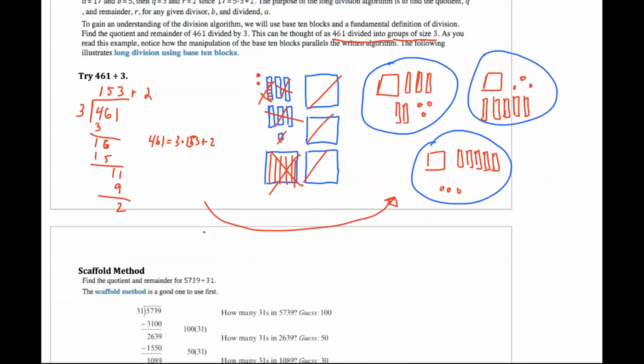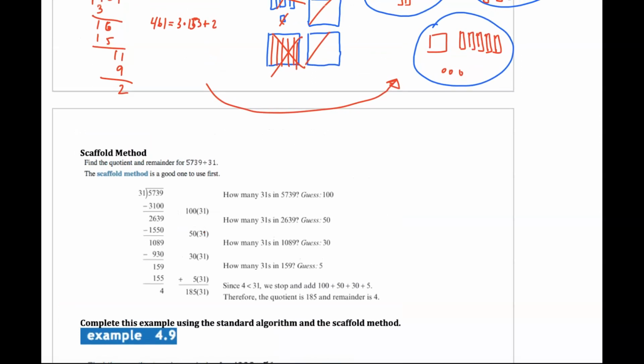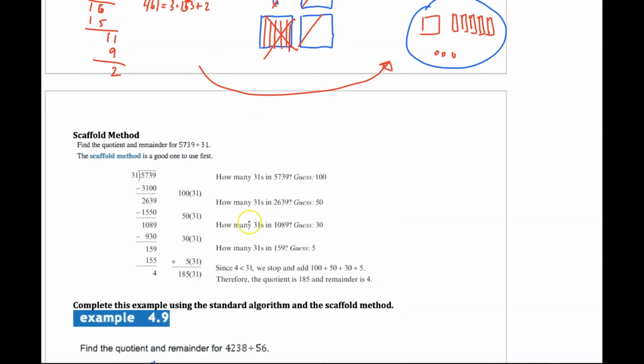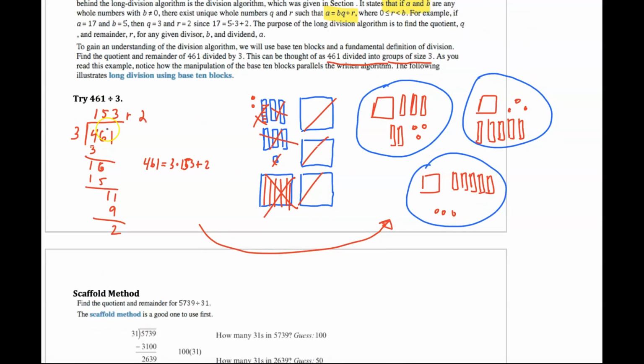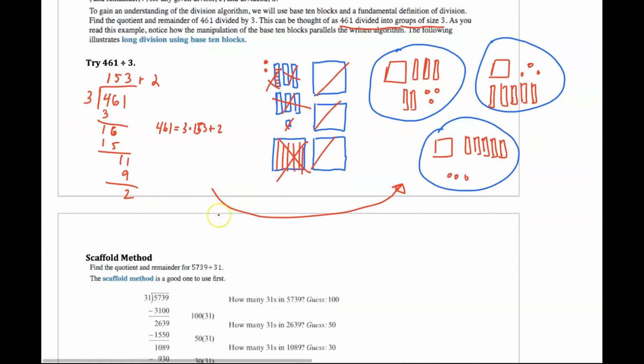You'll practice that more. We want to introduce you to another method called the scaffold method of division. Sometimes this is interesting for younger children to learn, because these problems are hard to do. It's hard to figure out how many times does 3 go into 51? How many times does it go into different numbers, whatever your divisor is.